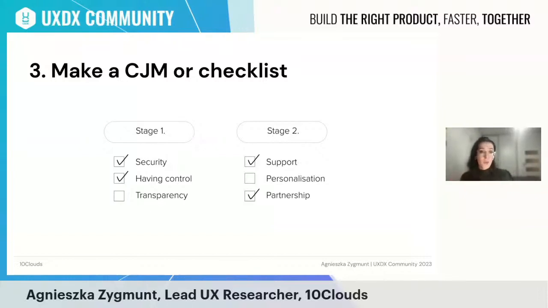Maybe it will be in the copy, maybe in another form, maybe I will need to add another feature that will give this feeling, this value. So a simple checklist helps you remember that you need to add specific values to specific parts of the product.